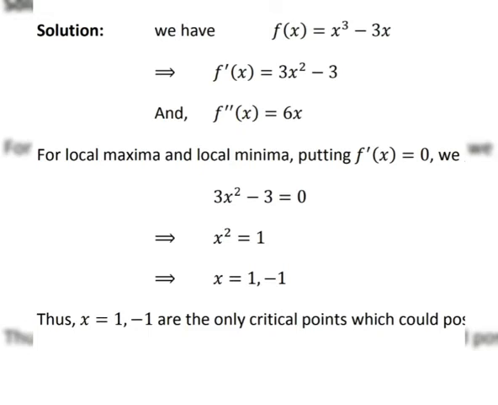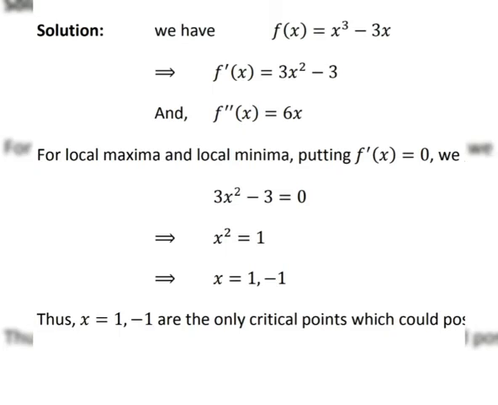Now, we know that at those points on the graph where the function is having a maximum value or the minimum value, the tangents at those points will be parallel to the x-axis. And whenever they are parallel to the x-axis, f prime of x is equal to 0.